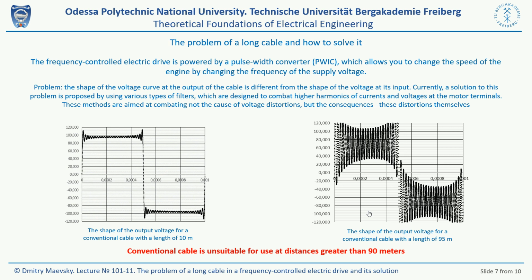This is the problem with a long cable. Many different methods have been proposed to solve it. For example, it was proposed to use high-pass filters, but none of these methods eliminates this problem.